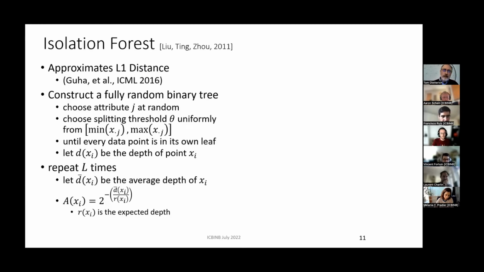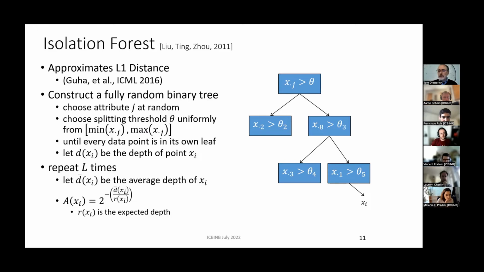What it does is it grows fully random binary trees, somewhat like a decision tree. So it chooses one attribute of the data. I index my attributes by j. So it chooses attribute j at random among the attributes. And then it looks at the range of observed values for that attribute and chooses a threshold uniformly at random in that range. And then we split the data according to that threshold and do this recursively.